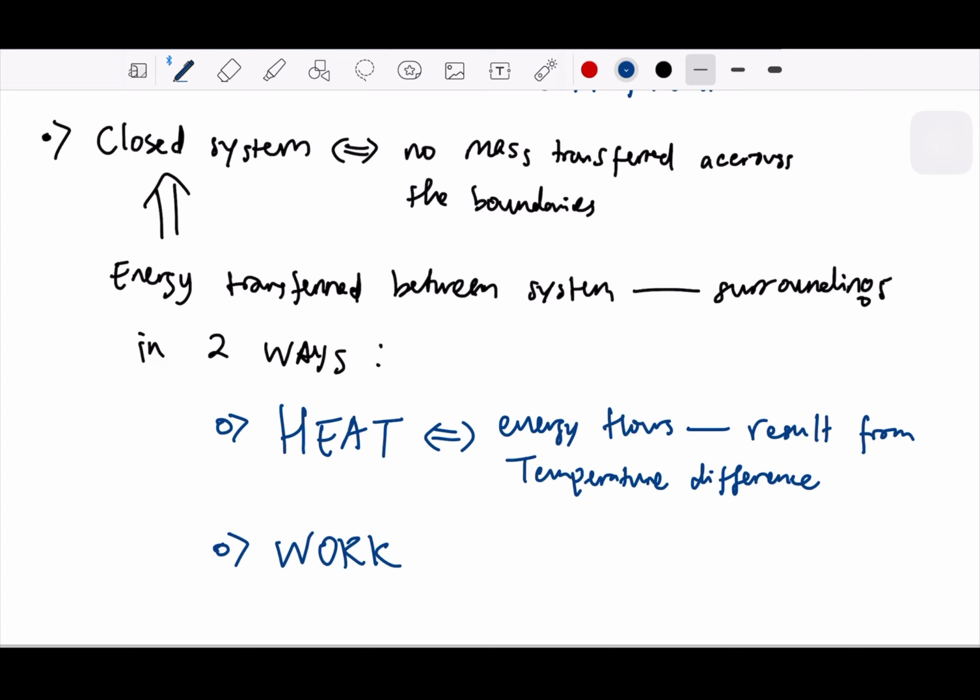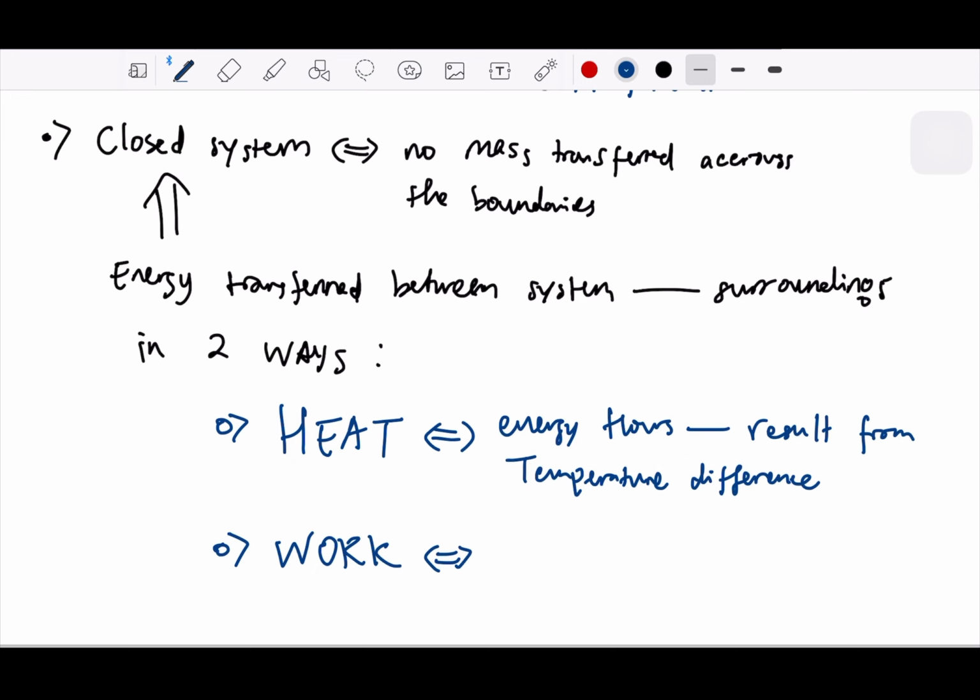And work, we can say it's aside from the temperature difference. So it can be anything. It can be force, any torque, or maybe electric, like voltage. We can also think of that as work.